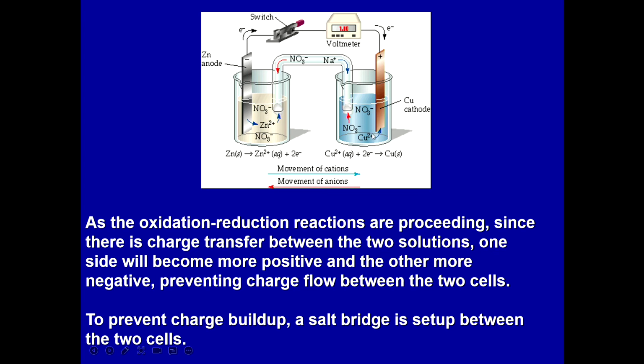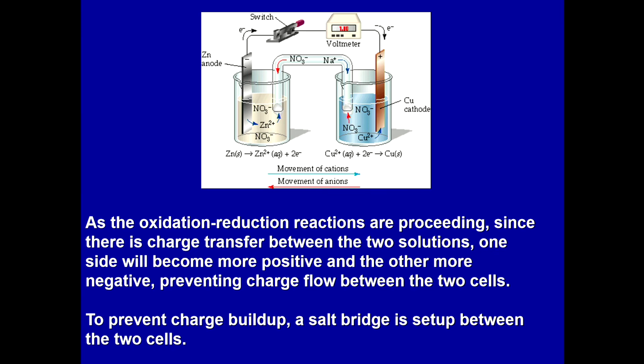On this side, the copper cation changed to copper solid, so there are few cations. This side has more cations, but this side has few cations. So we can use this, which is called a salt bridge, to balance the charges of the two sides.